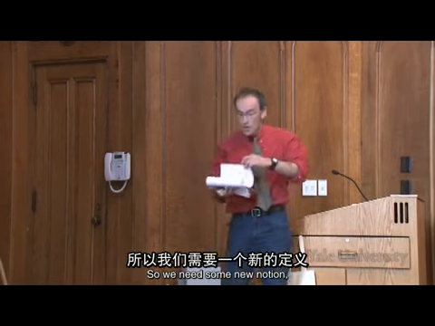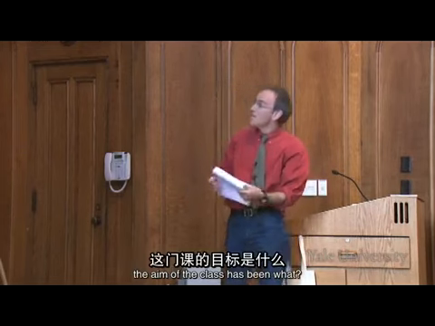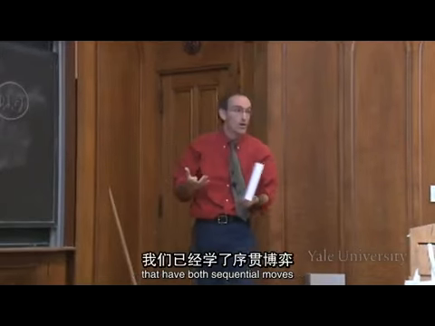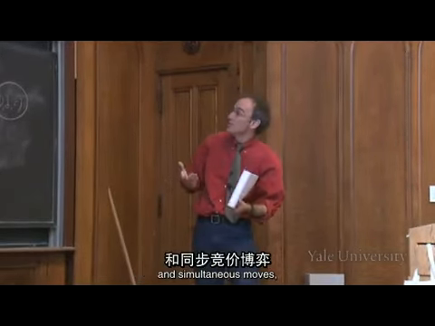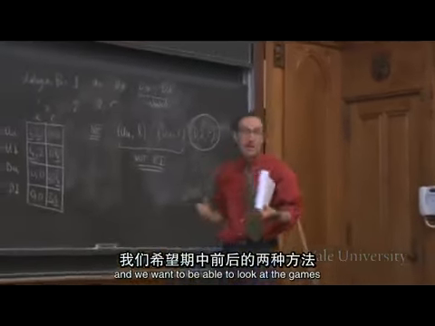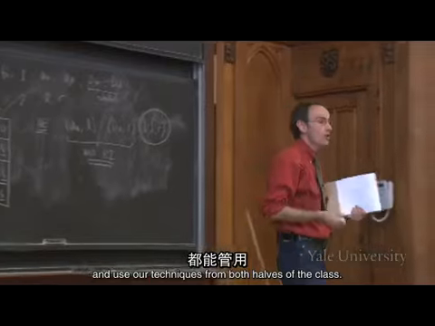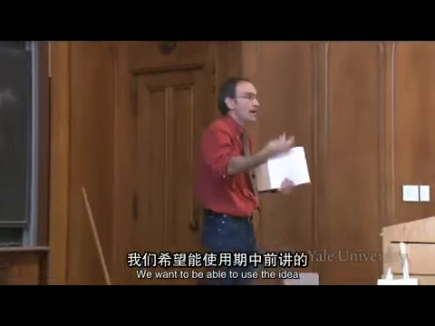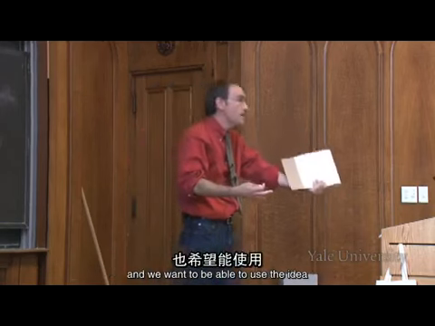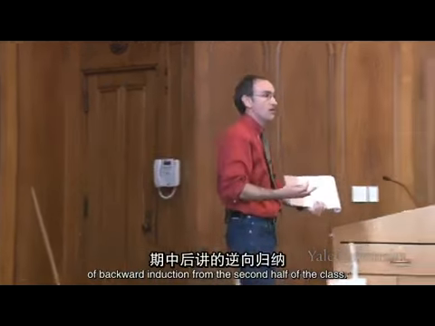So we need some new notion. The aim of the class has been what? We want to be able to model games that have both sequential moves and simultaneous moves, and we want to be able to look at the games and use our techniques from both halves of the class. We want to be able to use the idea of Nash equilibrium from the first half of the class, and we want to be able to use the idea of backward induction from the second half of the class.